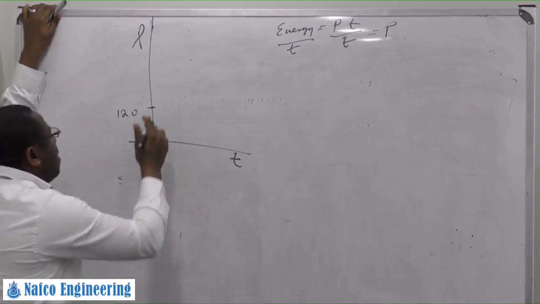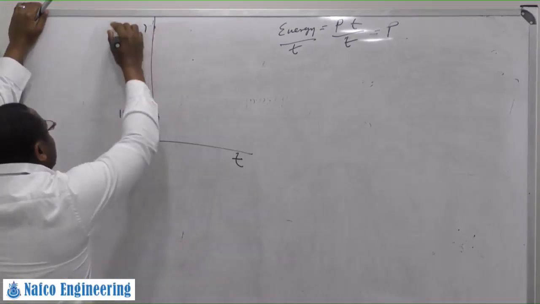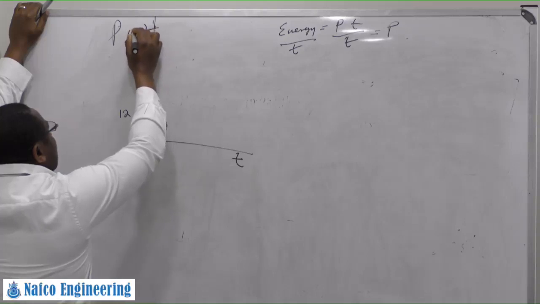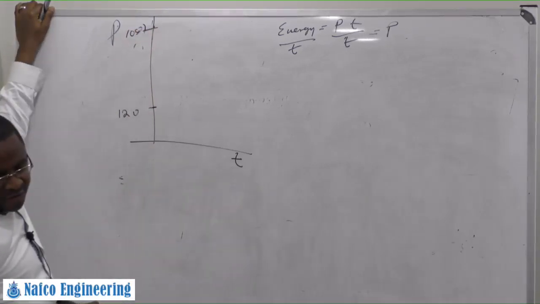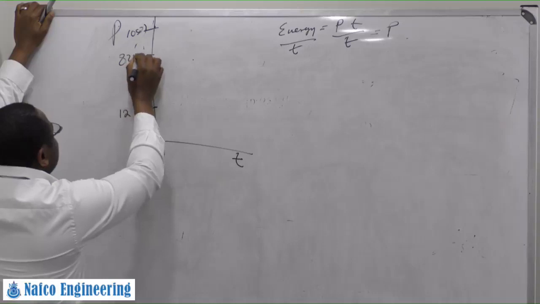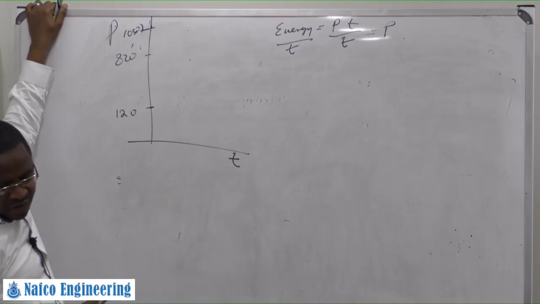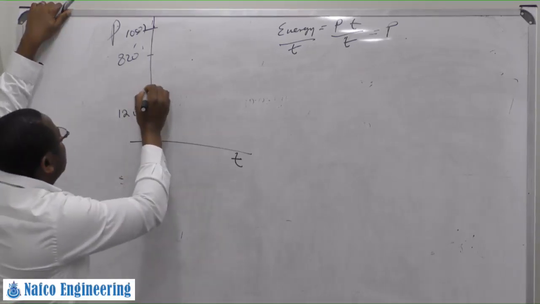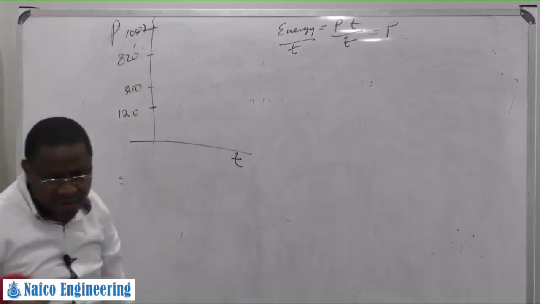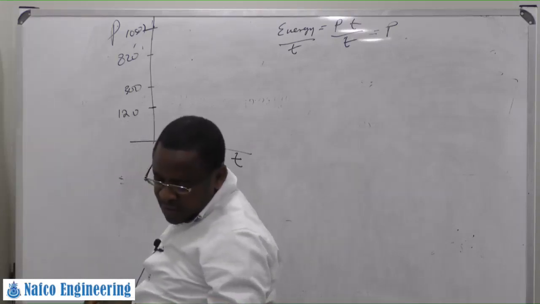So I just need to see how I'll move this to get about 1050. Even if you don't put a scale, you can put 1050 there. The next one is 820. After 820, you have 300. And that's all. So you have 120, 820, 1050, 300.